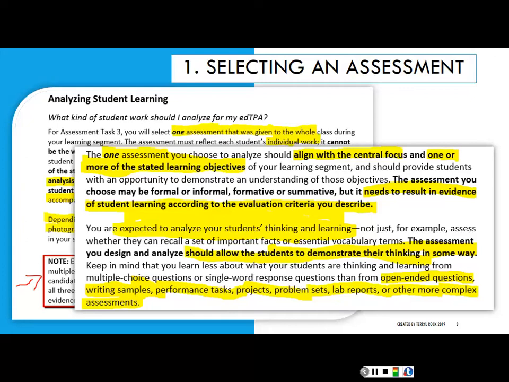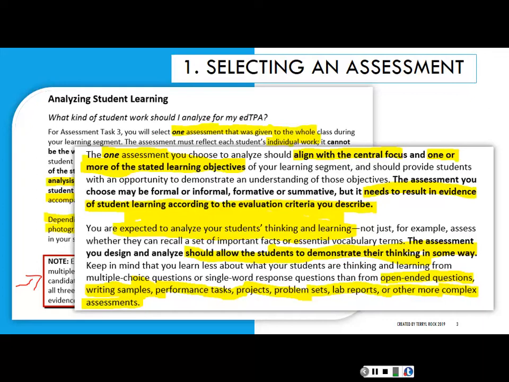And you need to be looking for something that's going to give your students an opportunity to really show their thinking. For example, open-ended questions. True, false? No. Matching? No. Fill in the blank? No. But open-ended questions work well.